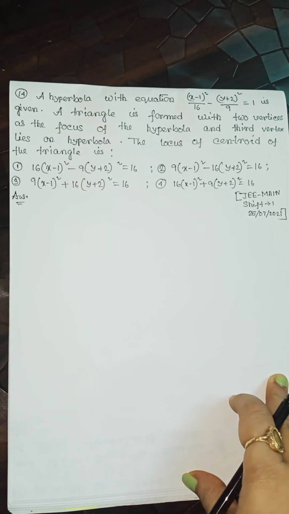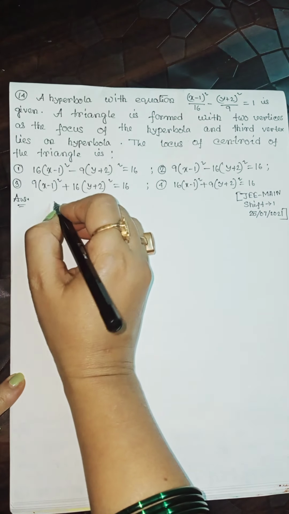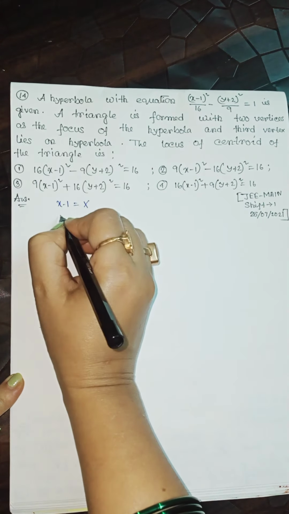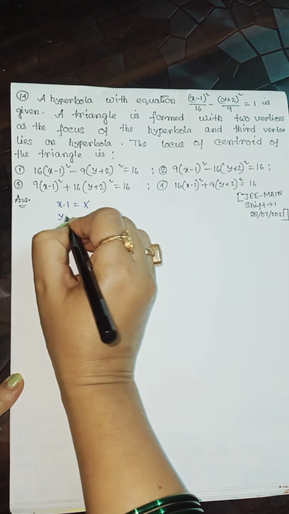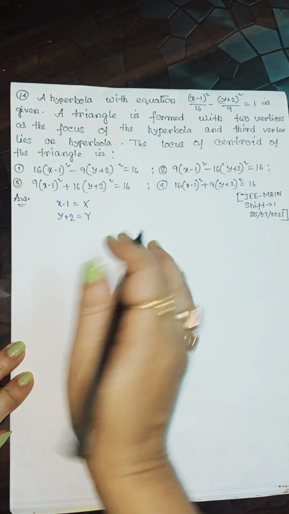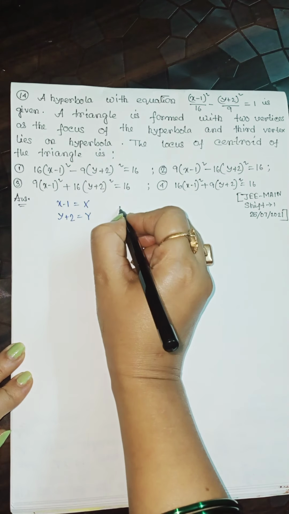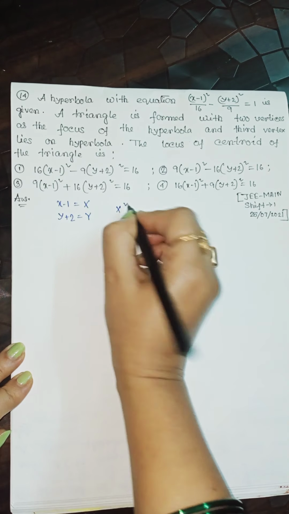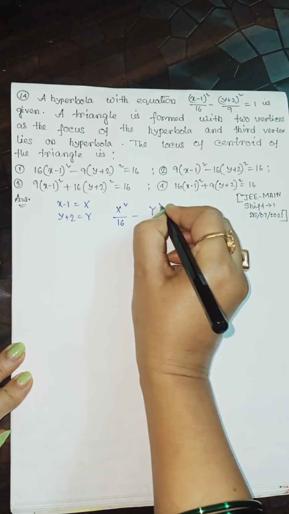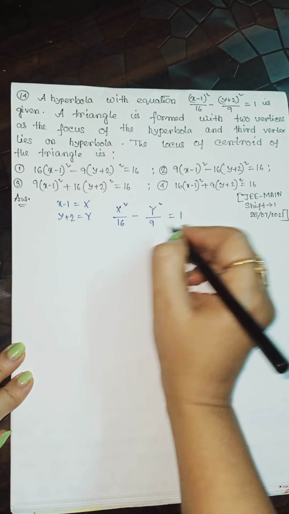So at first the equation of the hyperbola is given here. Let's suppose x minus 1 is equal to capital X and y plus 2 is equal to capital Y. So now the equation of the hyperbola becomes X squared by 16 minus Y squared by 9 equals 1.